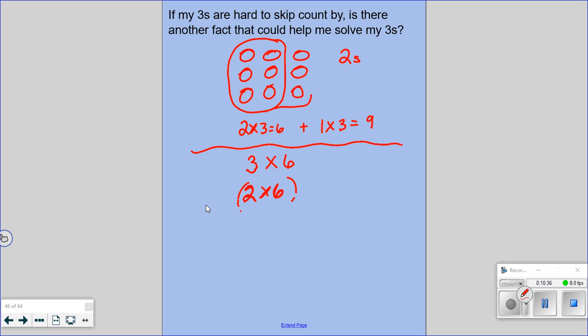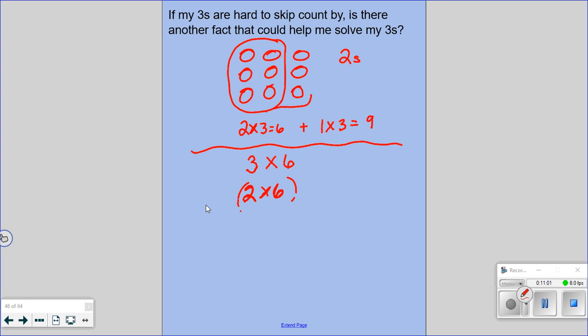Let's think about the question I'm asking, because many of you aren't listening. Cole, what do you think? I'm at 2 groups of 6, and I've got to get to 3 groups of 6. How could I do that? Add another group of 6.